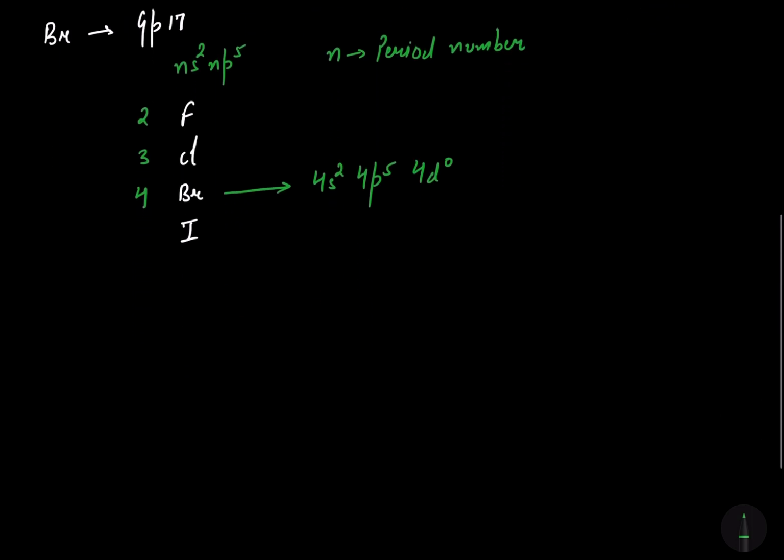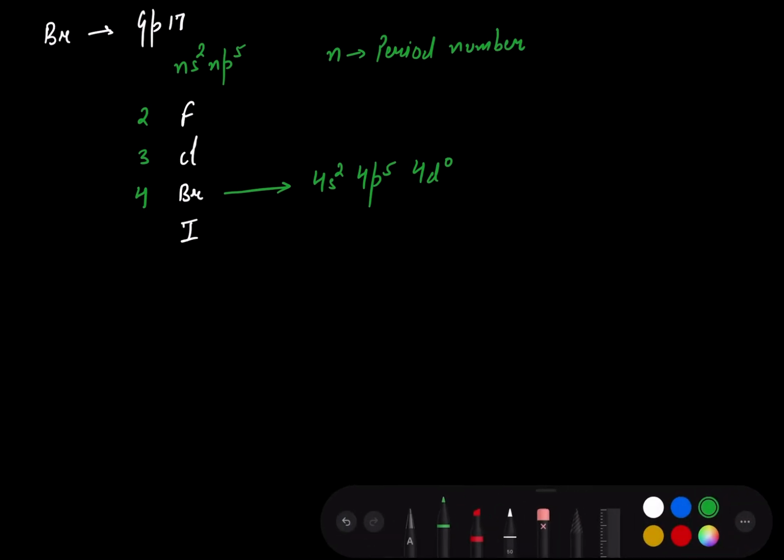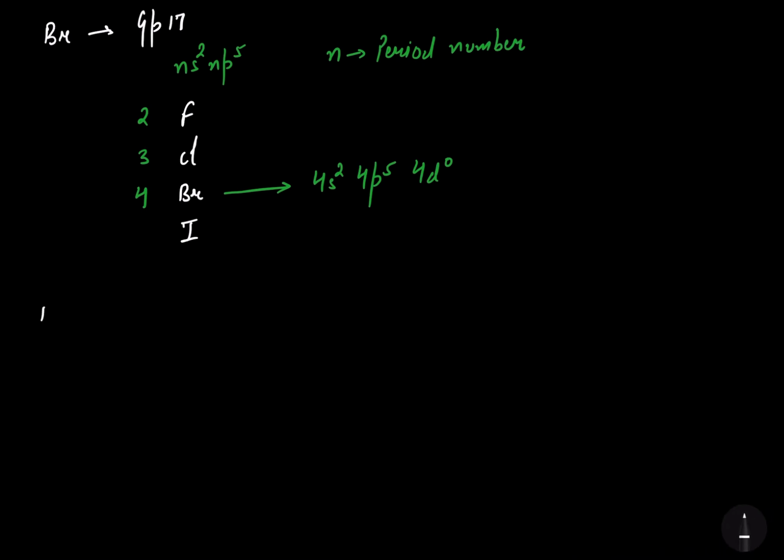Now let's make the orbital diagram in the form of boxes for the bromine. It's 4s2, 4p5, 4d0. Now we know that s subshell has only one orbital, so I have made one box or one orbital for the 4s.